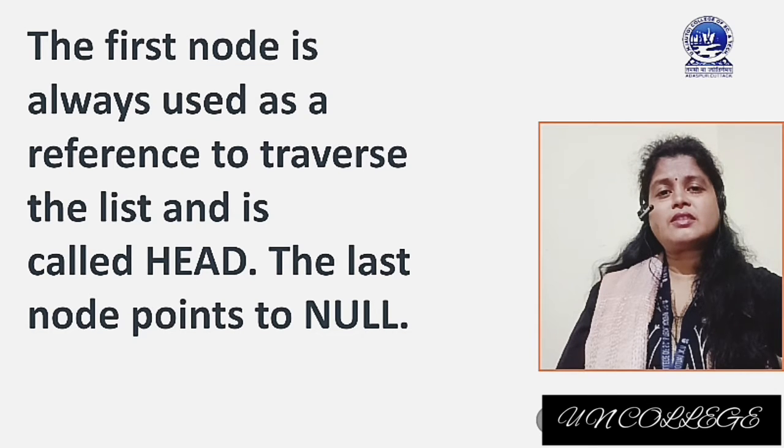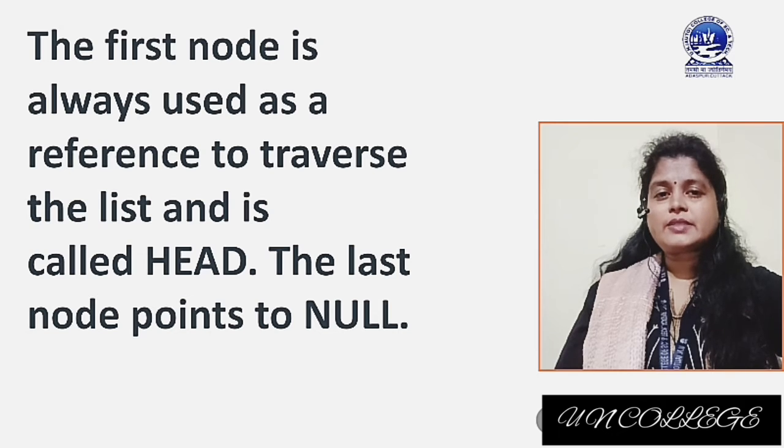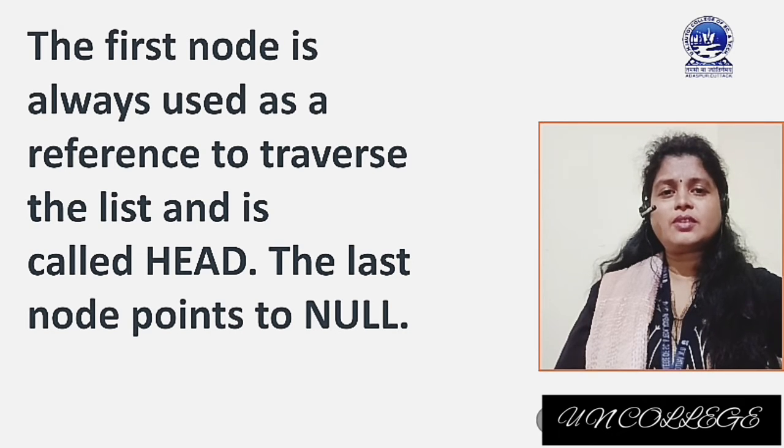You may name the pointer in any way, no problem, but programmers prefer to use root as the name of the pointer. And the last node's address part always contains null, because there is no more node after the last node.